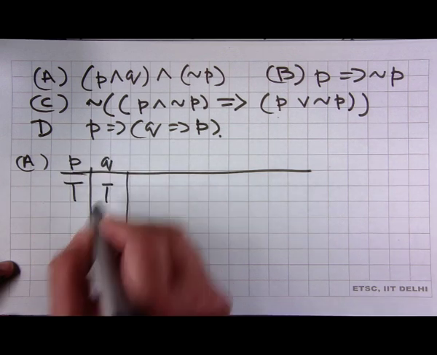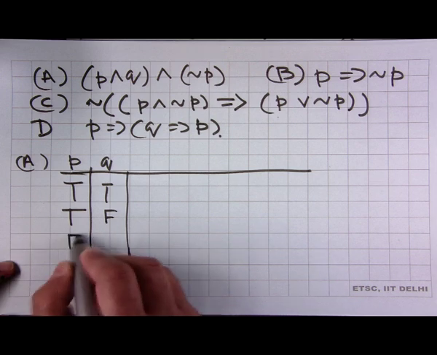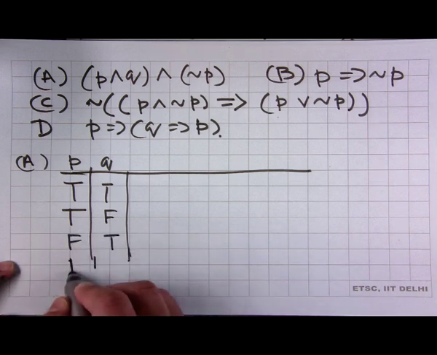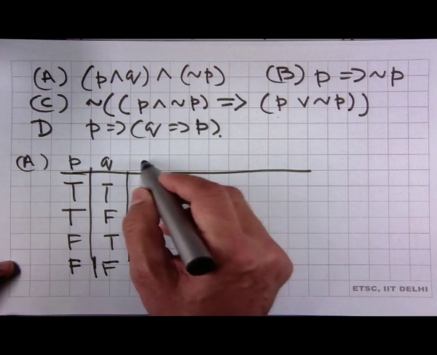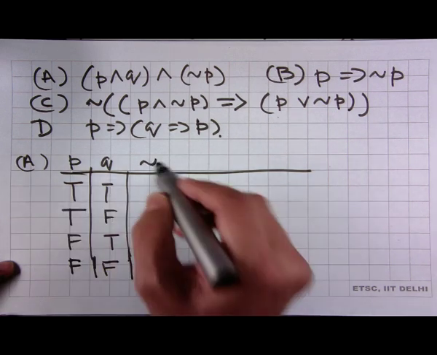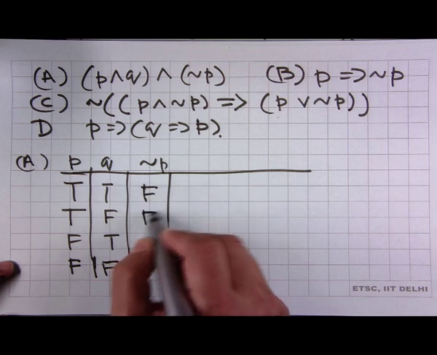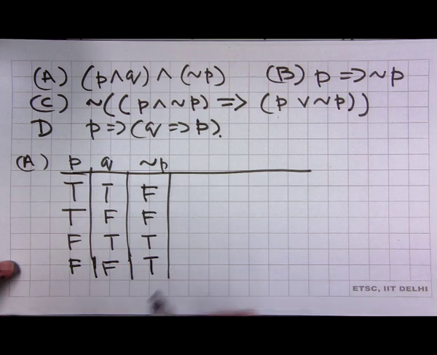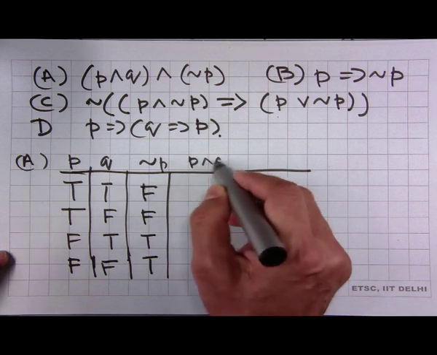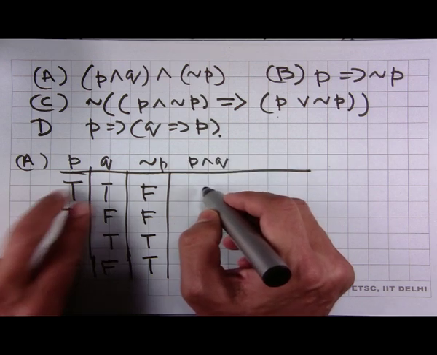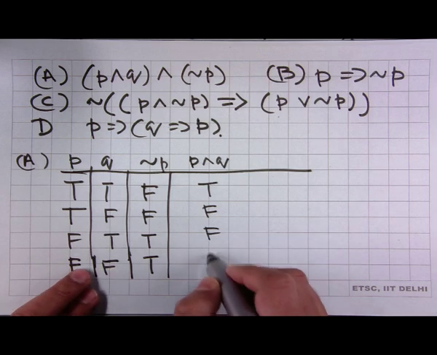P and Q, now we have only 4 possibilities of their arrangements of truth values: T T, T F, F T and F F. So, not P is opposite of P, therefore, this is going to be F F T T, and P and Q is going to be true, false, false and false.